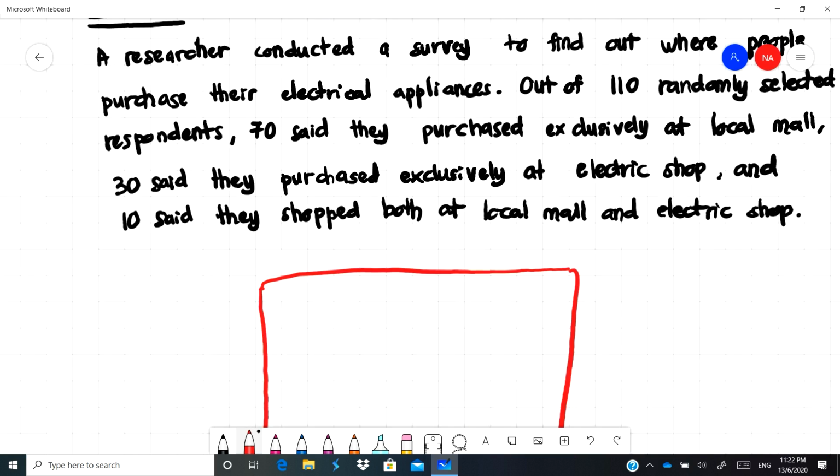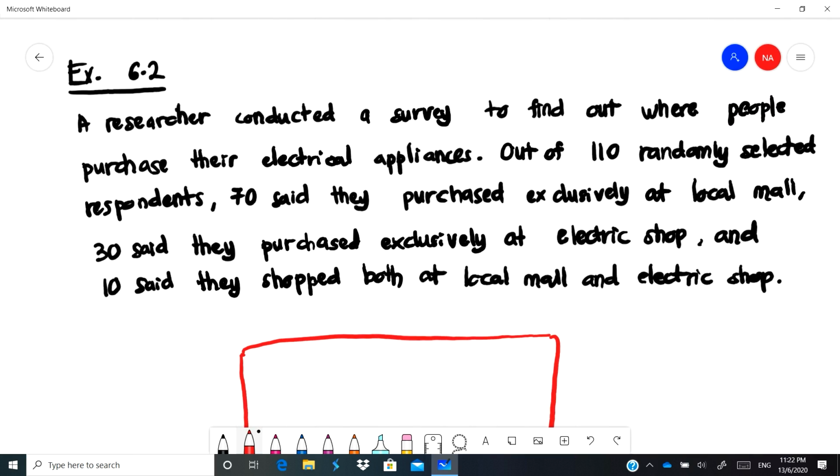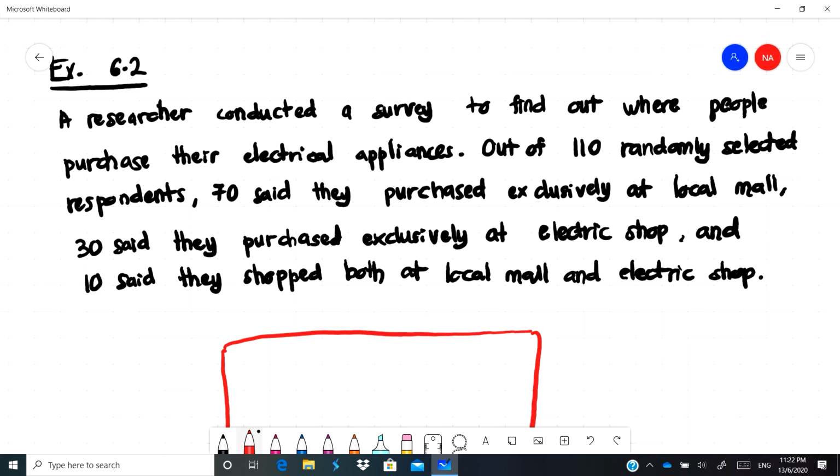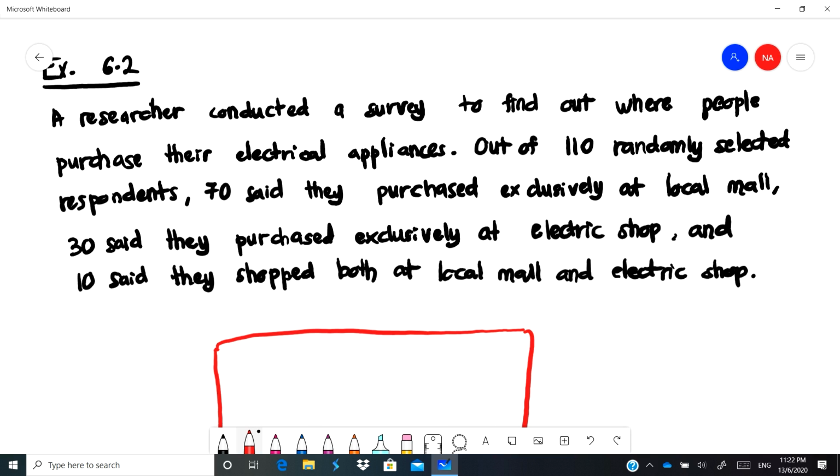So let's move to example 6.2. In example 6.2, a researcher conducted a survey to find out where people purchase their electrical appliances. Out of 110 randomly selected respondents, so we have a total of 110 elements, 70 said that they purchase exclusively at a local mall. Exclusively means that they only buy at a local mall.